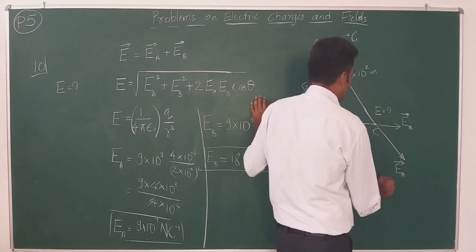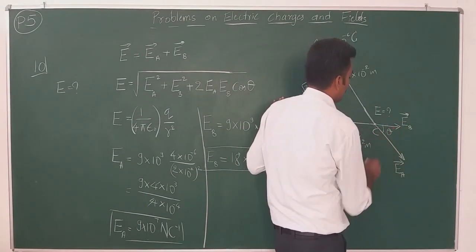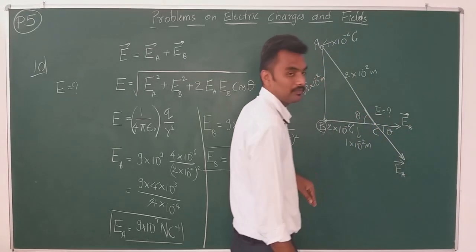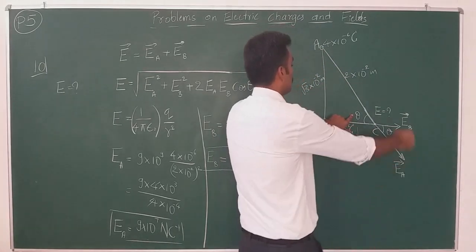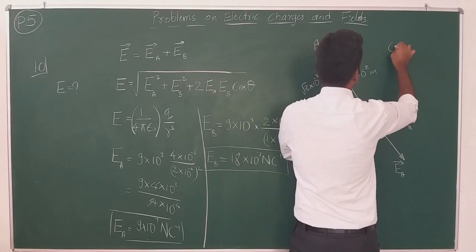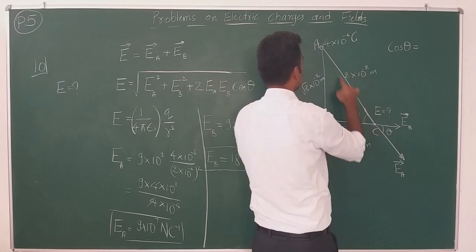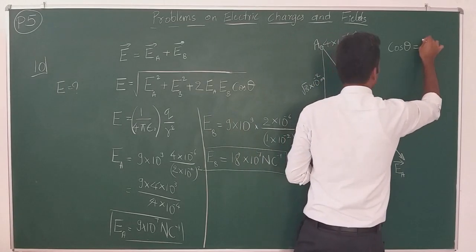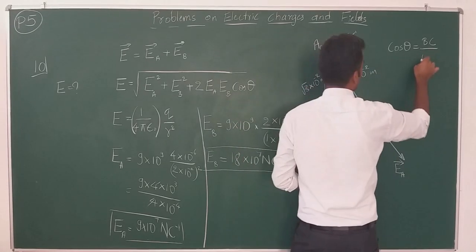Now theta is the angle between EA and EB, which is this, right? This angle is equal to this angle, vertically opposite. Now from this triangle, cos theta shall be obtained. What is cos theta from this triangle? Cos theta is equal to adjacent by hypotenuse, which is BC by AC.